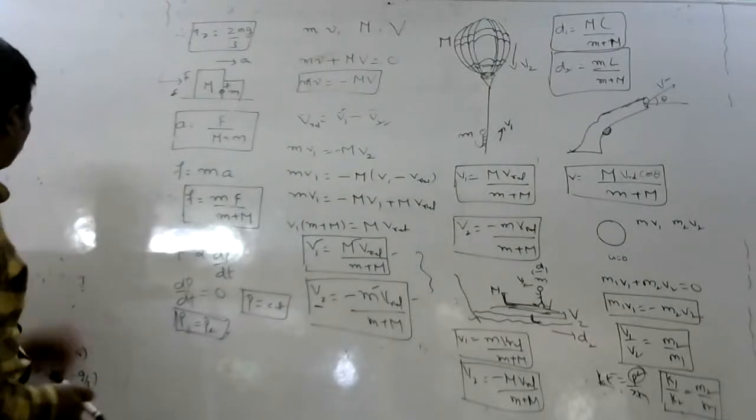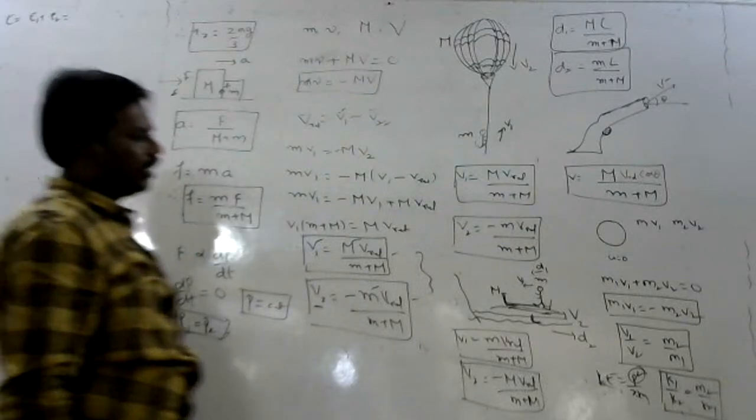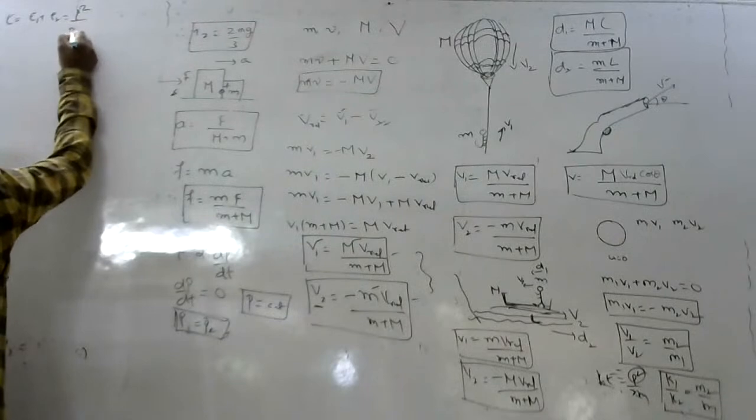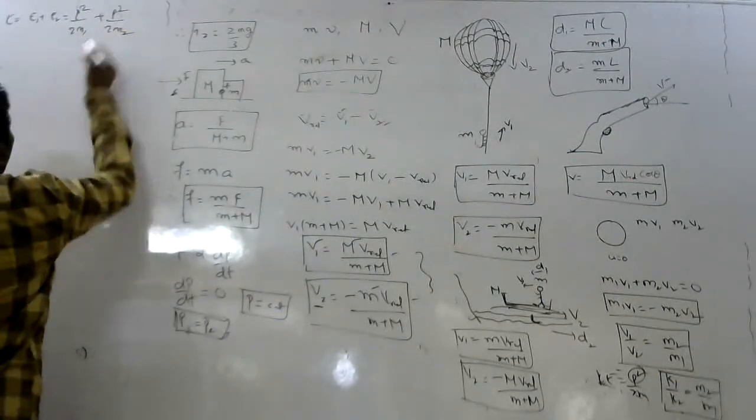Total energy is equal to total kinetic energy. Here kinetic energy is equal to P square by 2m. So P square by 2m1 plus P square by 2m2.